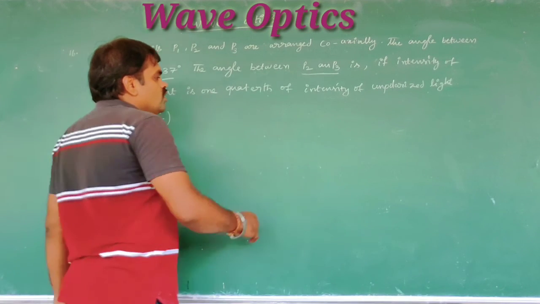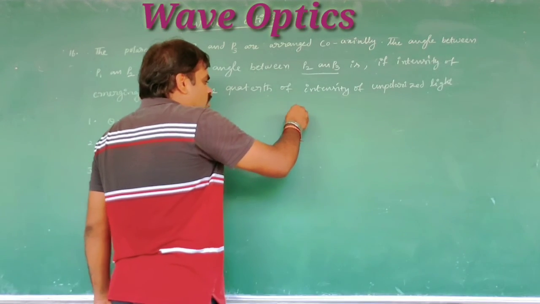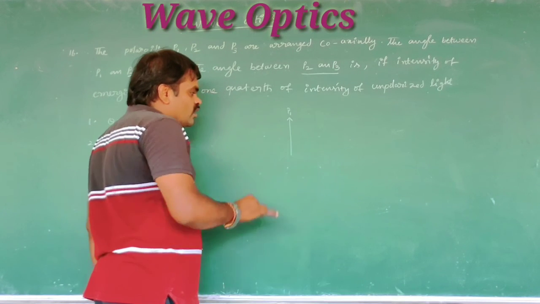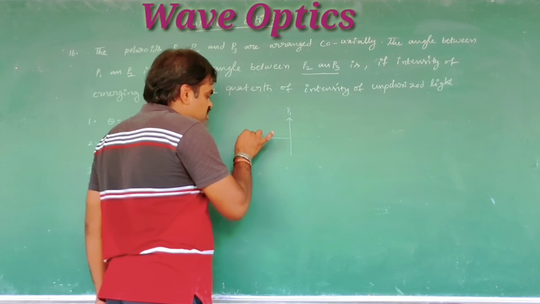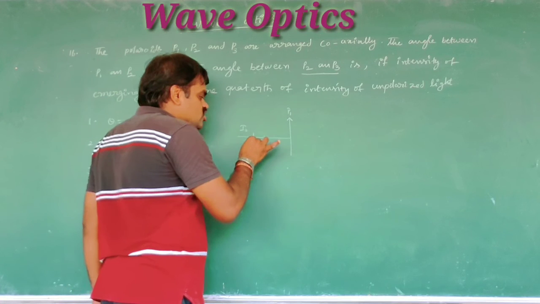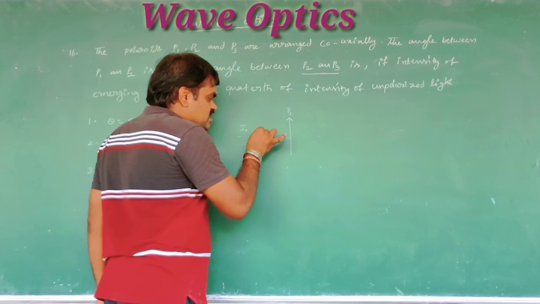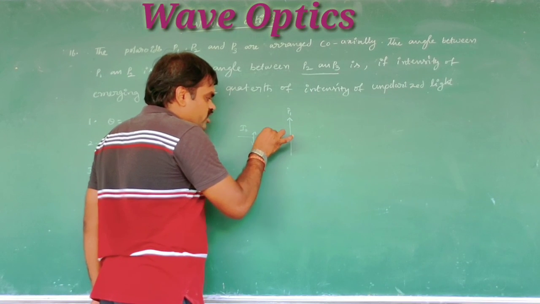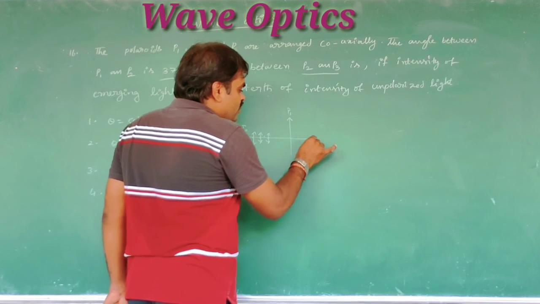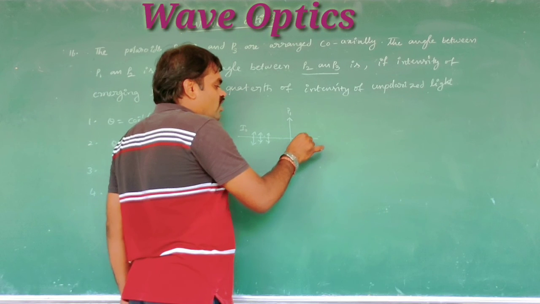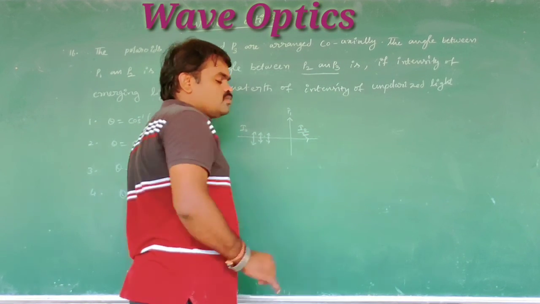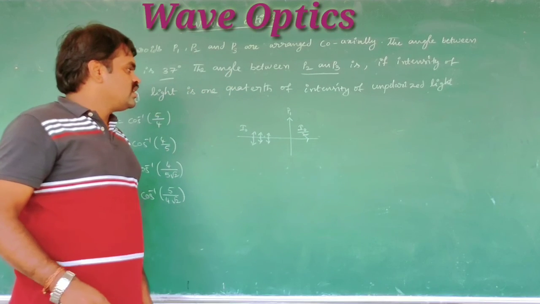Now, first, what is given? This is the first polarizer, P1. The unpolarized light of intensity we consider as I naught is incident on the polarizer. Then the intensity of plane polarized light is I naught by 2, only half of the intensity.